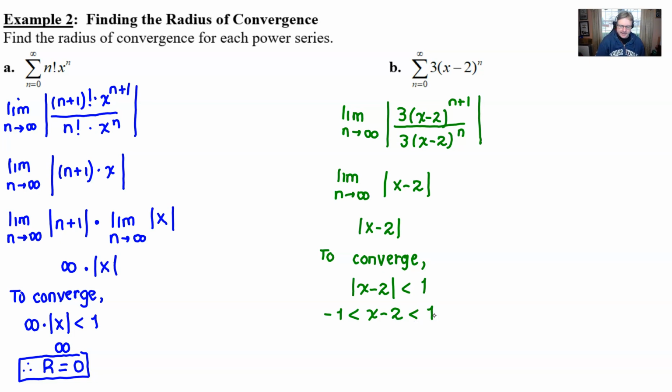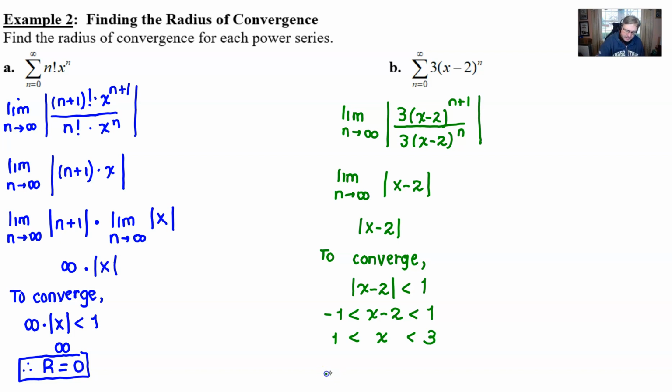Basically, we're saying that the value of x minus 2 lies between -1 and 1. And then, of course, if we add 2 to all 3 sides, we would have x is between 1 and 3.